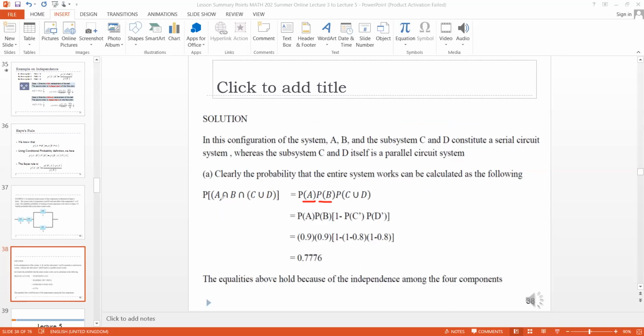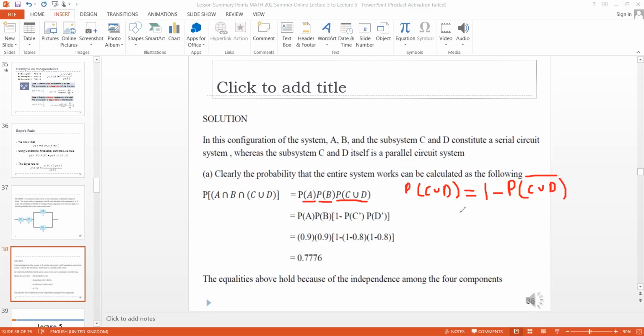So that helps us to write P of A times P of B times P of C or D. But we also know that P of C or D is equal to 1 minus P of the complement of C or D. Are you getting it?